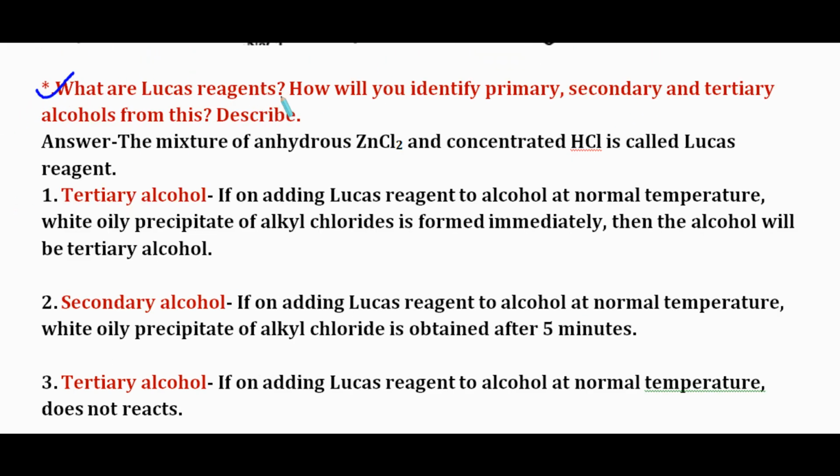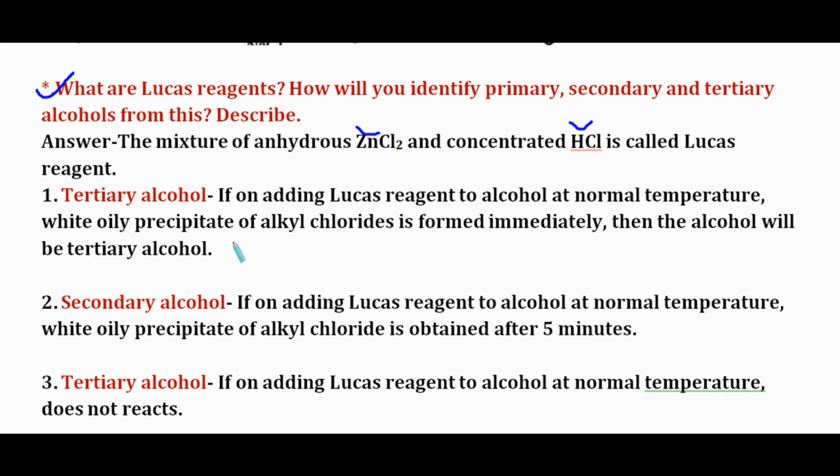Next question is, what is Lucas reagent? How will you identify primary, secondary and tertiary alcohols from this? Describe. The mixture of anhydrous ZnCl2 and concentrated HCl is called Lucas reagent. For tertiary alcohol, on adding Lucas reagent at normal temperature, a white oily precipitate of alkyl chloride is formed immediately.